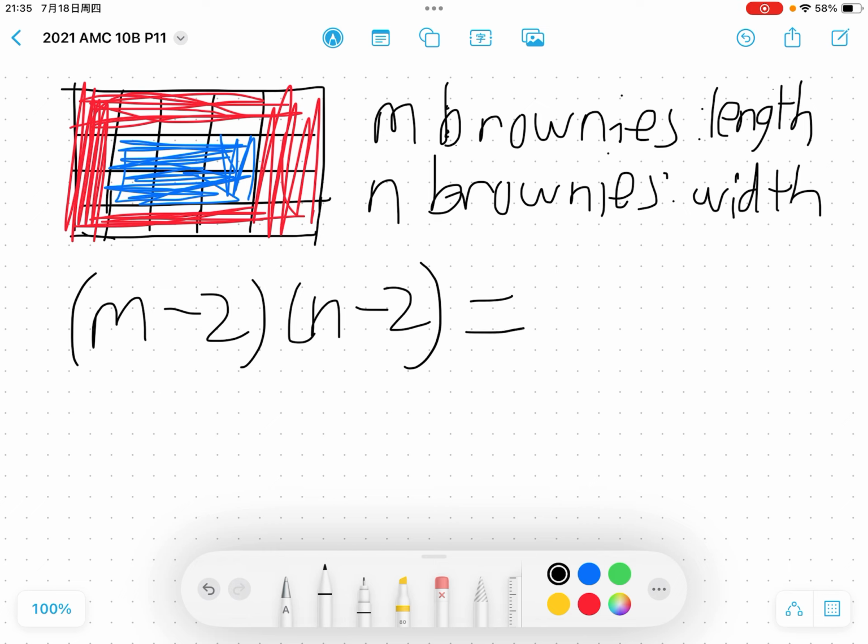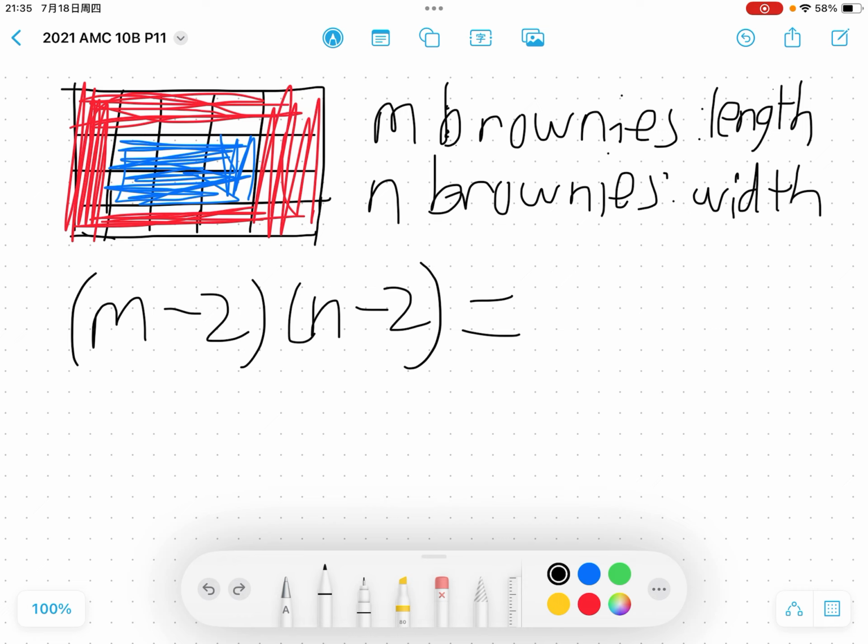So what are the red brownies? The red brownies may be a bit confusing, since we're not exactly figuring out the perimeter, so it's not 2m plus 2n. We're figuring out the number of brownies, and the brownies in the corner contribute more to the perimeter, because 2 sides are counted in.